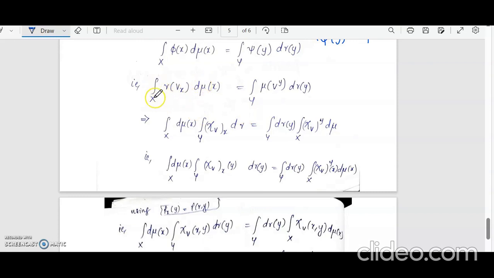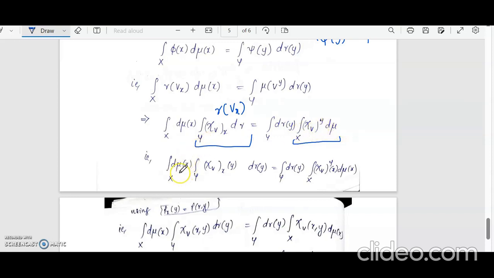So the first integral will become integral over x d mu into r of vx, with the value substituted here. That will be integral over y chi v of x dr. This is the value of r of vx, and again here mu of vy can be written as integral over x chi v of y d mu.